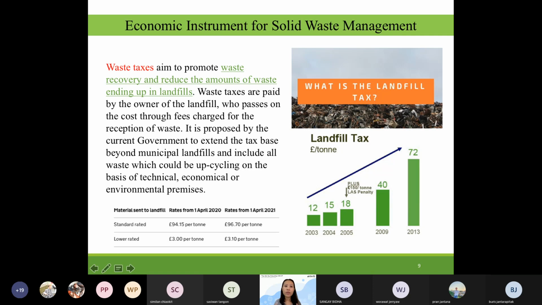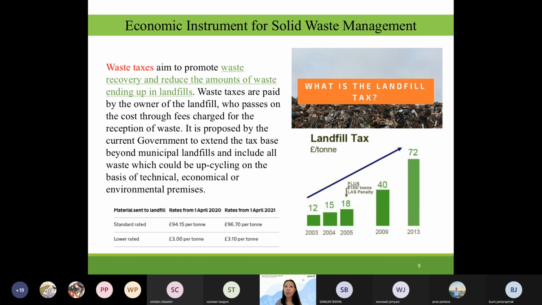Normally, we don't collect this rate from the people, right? The government will charge this rate from the landfill owners, the owner companies, something like that, who operate the landfill site. You have to pay the landfill tax. Normally, you pay only for your business, right?